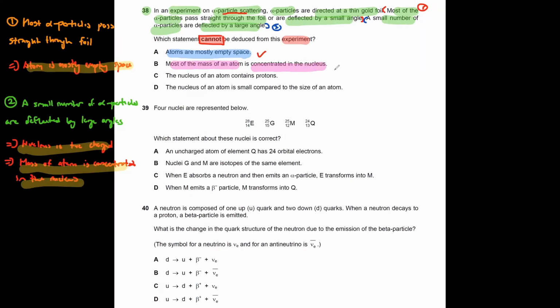And then for C, where they say the nucleus of an atom contains protons, this one doesn't seem to relate to what we've just discussed, so we'll just leave it first, and then we look at answer statement D. So for answer statement D, they mentioned that the nucleus of an atom is small compared to the size of an atom. This is actually related to points A as well as B. So you can actually say that D is also correct.